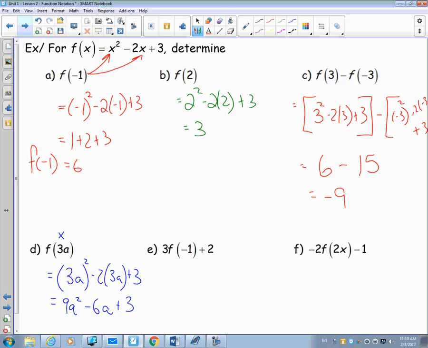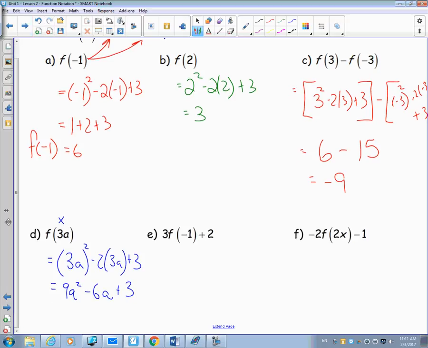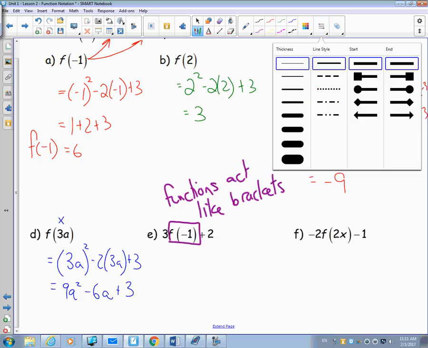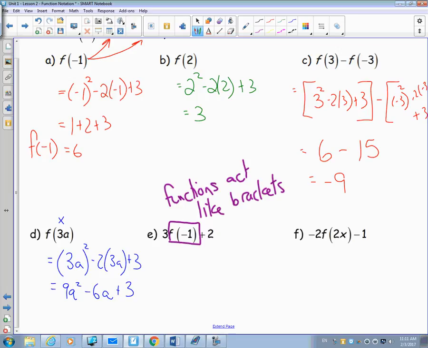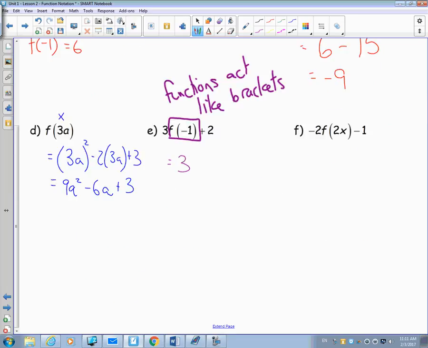We can also do operations between things. So in this case, our big idea here is that functions act like brackets. So when I see this function here inside something else, there's more parts and pieces to it, I can really think of this as saying 3 times f at negative 1 plus 2.